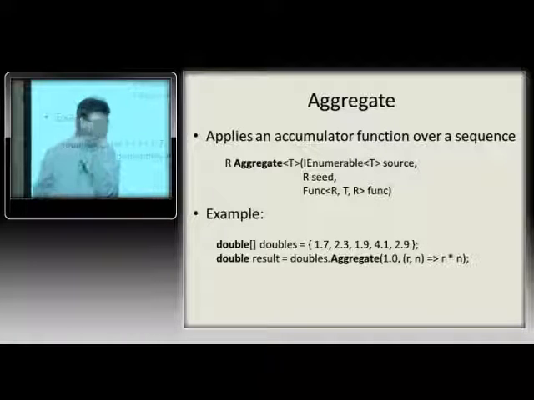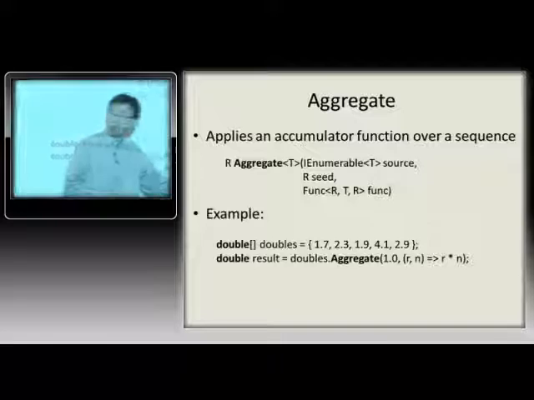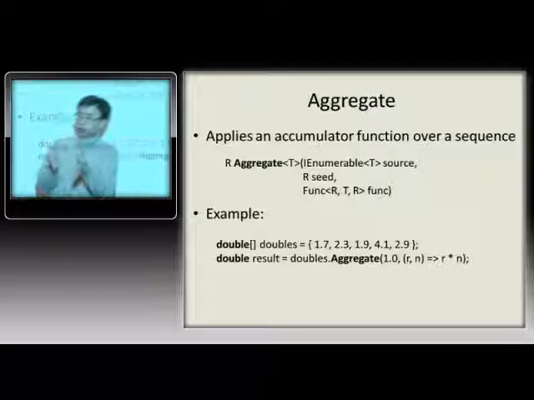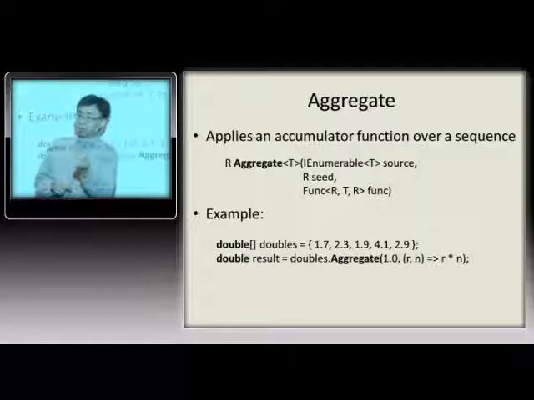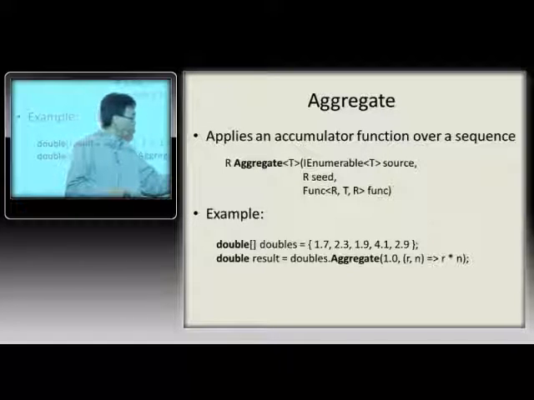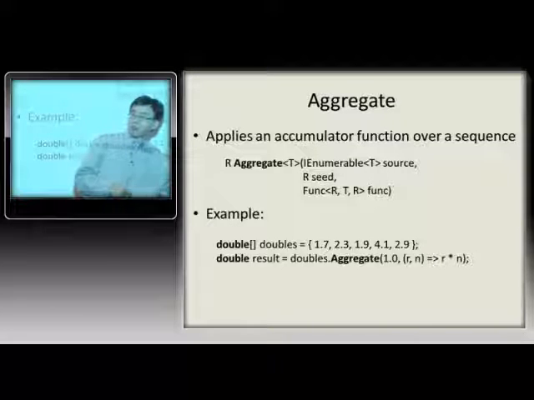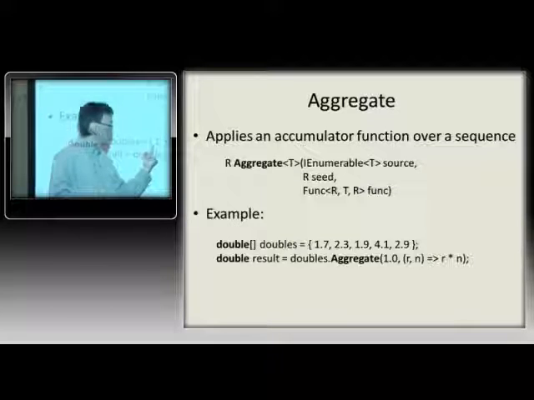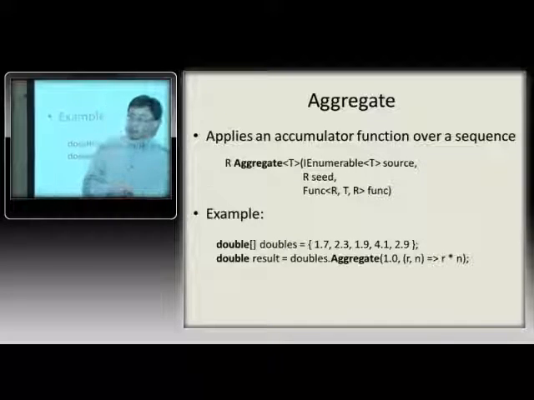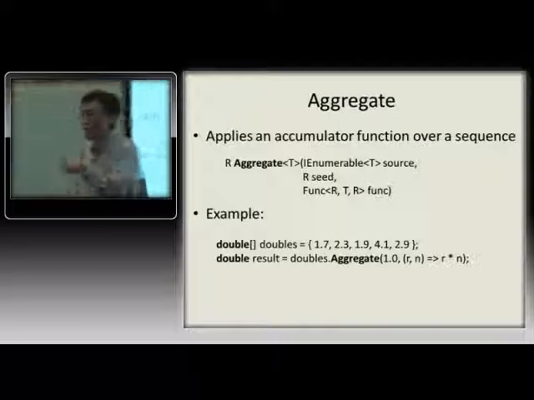R is the current partial result, and N is the next number. So I take the partial result times the next number. Conceptually the aggregate iterates over all the numbers and multiplies them one by one.